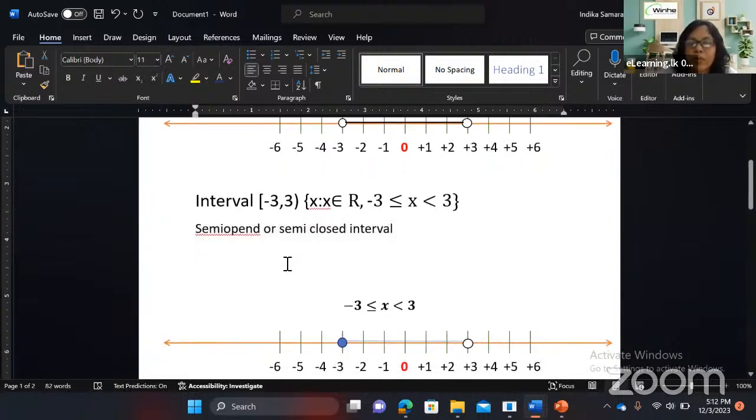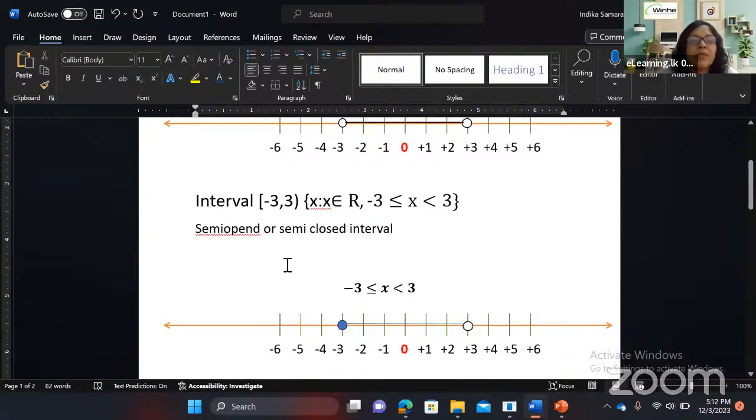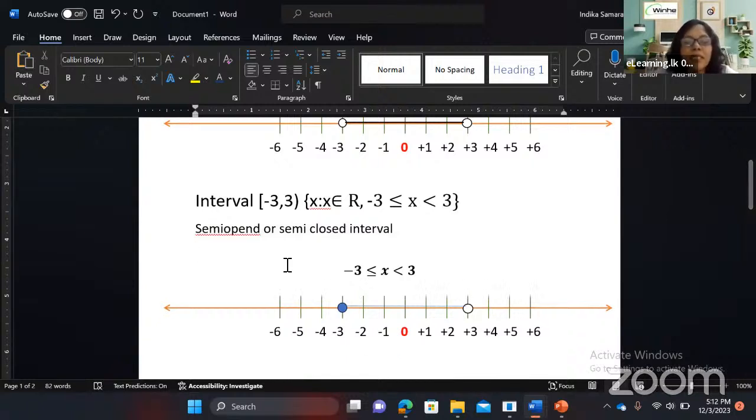When it is semi-open or semi-closed, the first margin is closed and the last margin is open. Therefore, you have to write it like this.